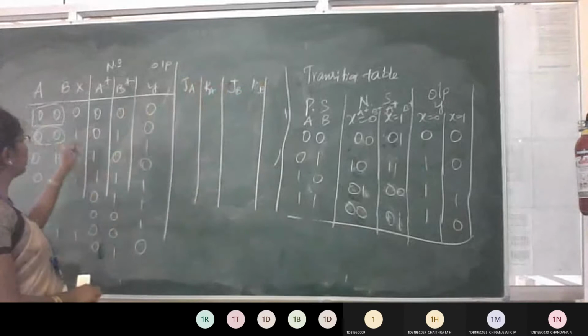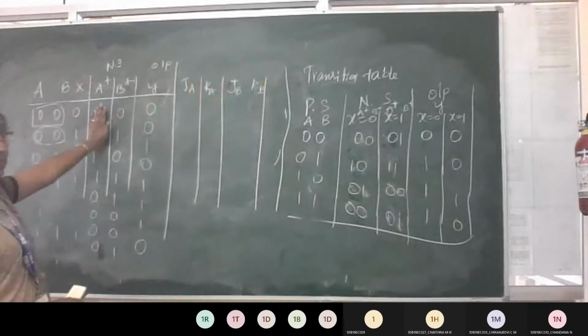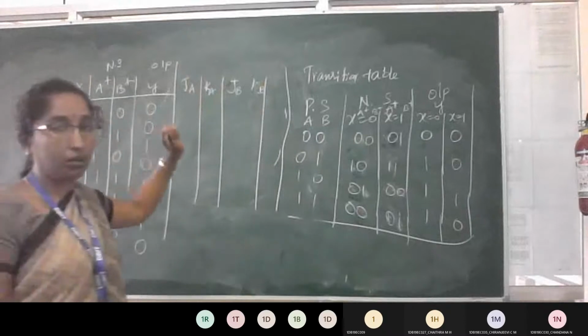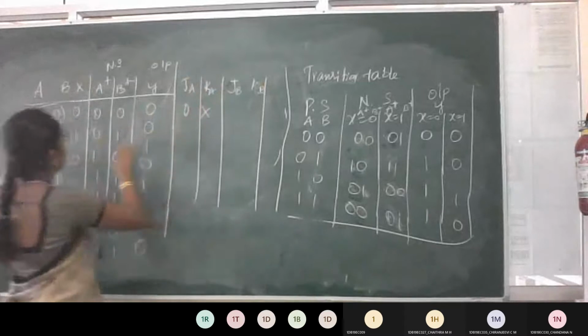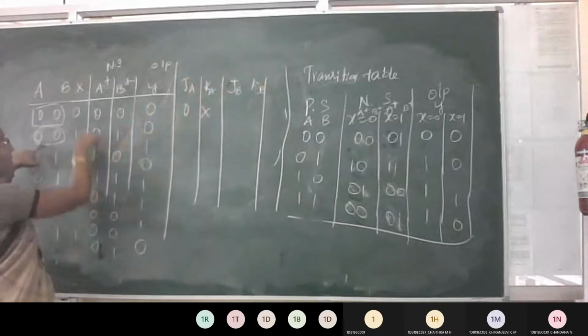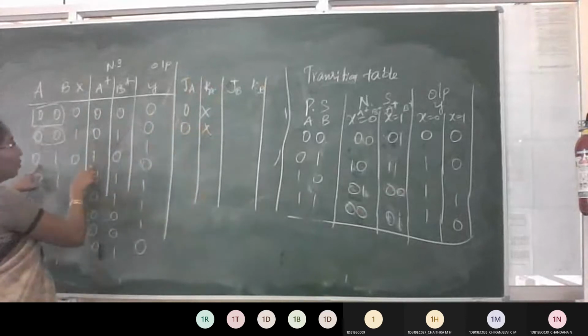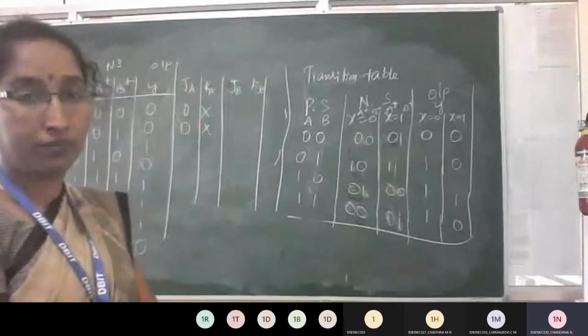So now, in order to write JA, KA, you need to observe the A and A plus columns. I hope you have an excitation table with you now. So 0 0 means 0, don't care. Next, just observe the A column and A plus column. Again 0 0, 0, don't care. Next 0 1: what is the value for 0 1? 1, don't care.